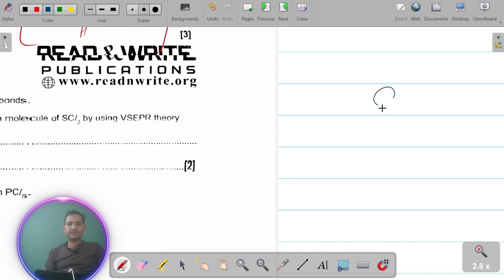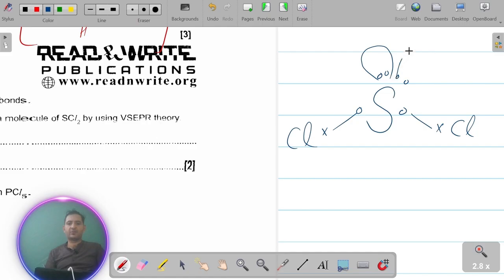Sulfur is from group 6. There are 6 electrons, 1, 2, 3, 4, 5 and 6. Chlorine can make a single covalent bond, making a single bond here with its electron. We know lone pairs occupy more space, and lone pairs of electrons repel the bond pairs.